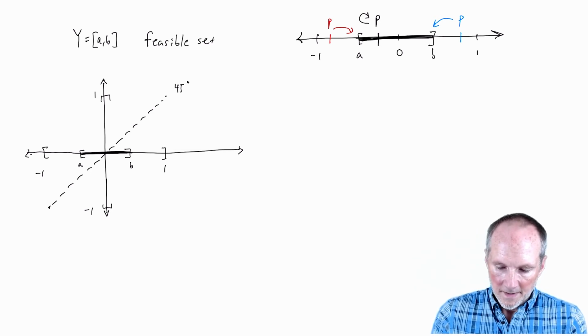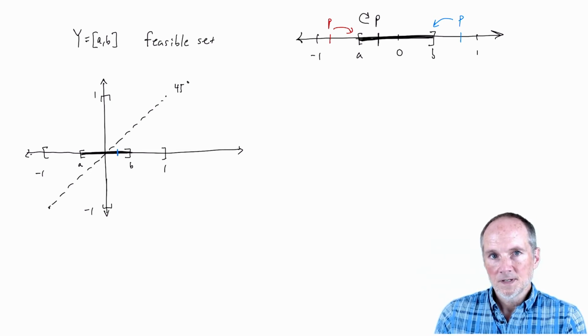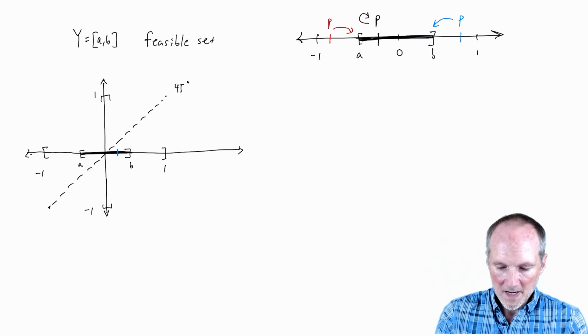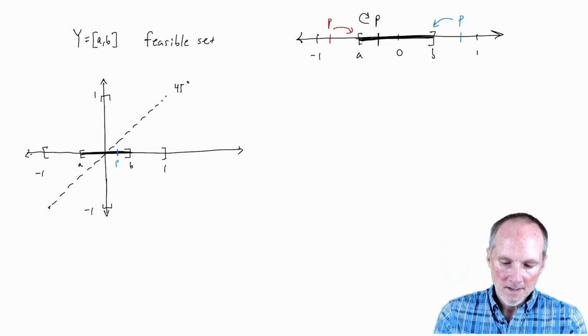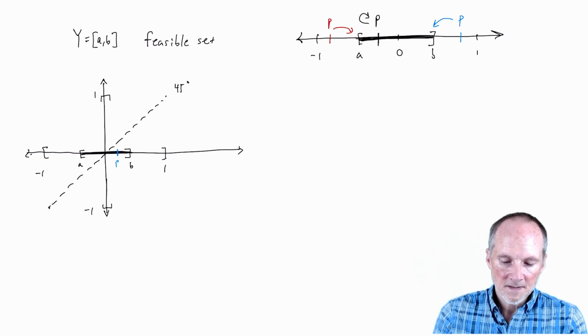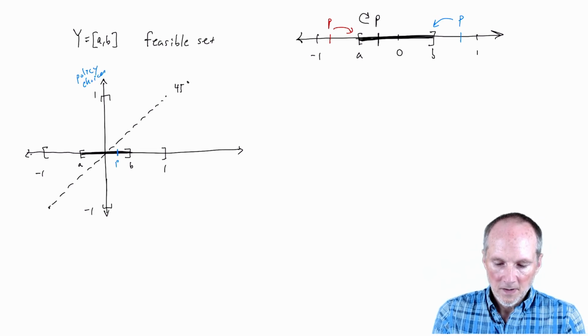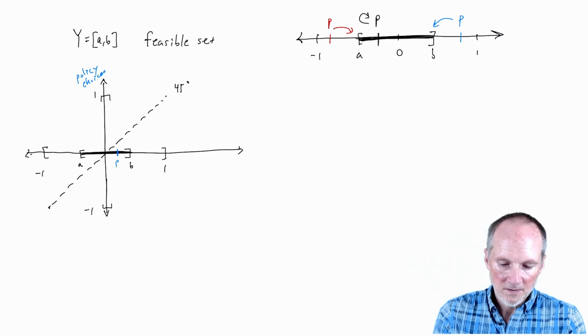Now, if P is in that feasible set, the politician just chooses their ideal point. So if this is P, then I'm going to use the vertical axis to denote policy choices. If your ideal point's P, what policy choice are you going to choose?